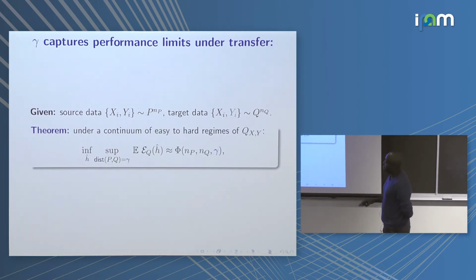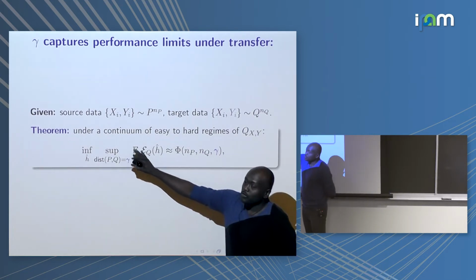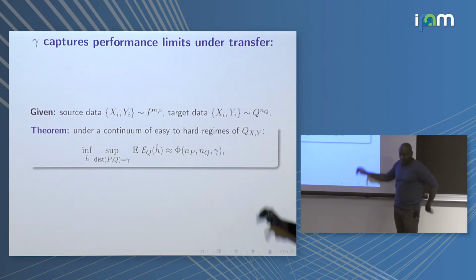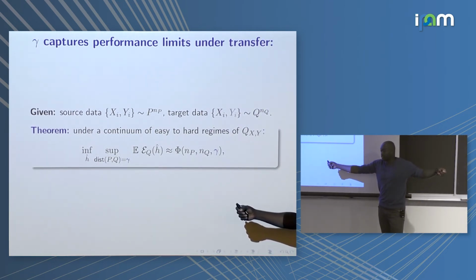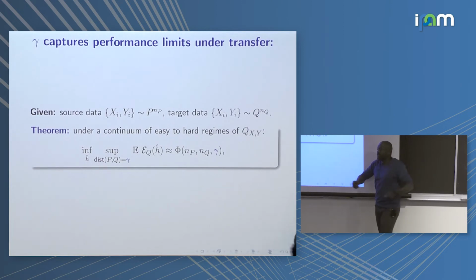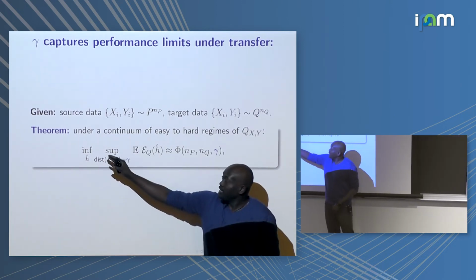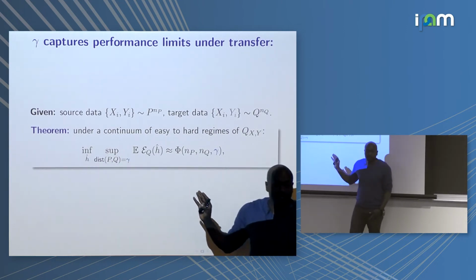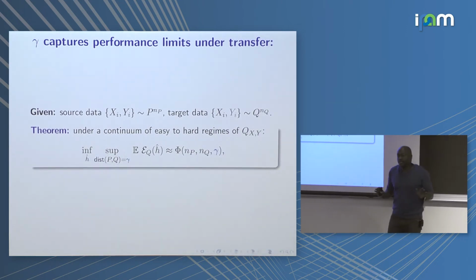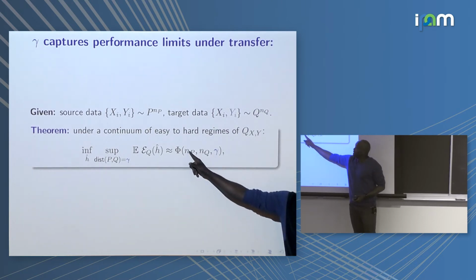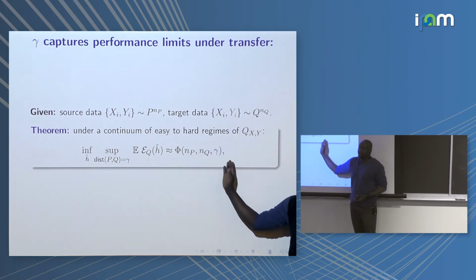So the theorem, it's actually a series of theorems, but the overall result says this: under a continuum of easy to hard regimes of classification, so we parameterize the whole continuum, the minimax rate, so the best any algorithm can do, is captured by a particular rate that is in terms of both sample sizes and in terms of gamma.